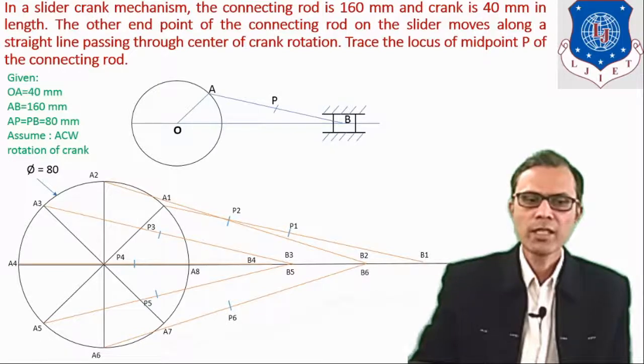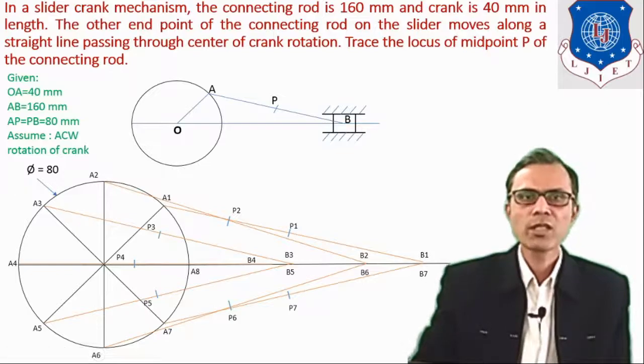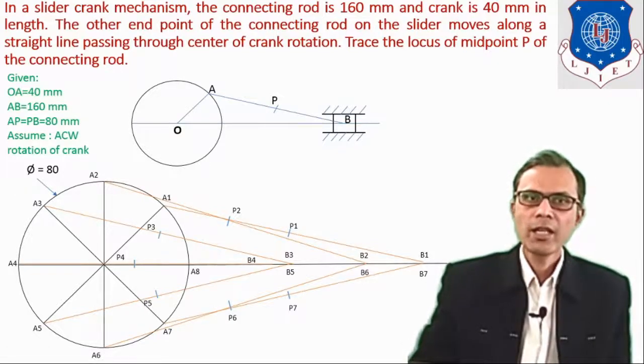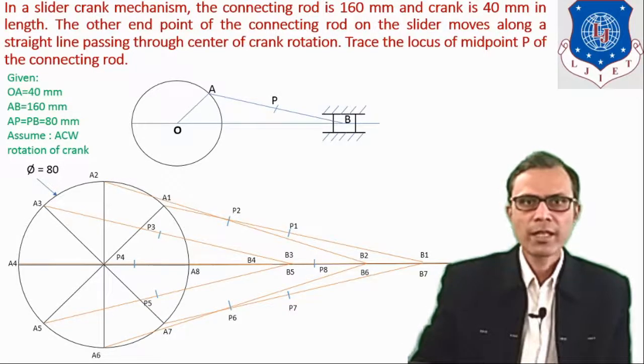So these are the different positions from A4, A5, A6, A7, and finally from A8 also we have to mark all these positions of the crank and corresponding position of the slider. So these are the different positions of crank and slider and given point P.